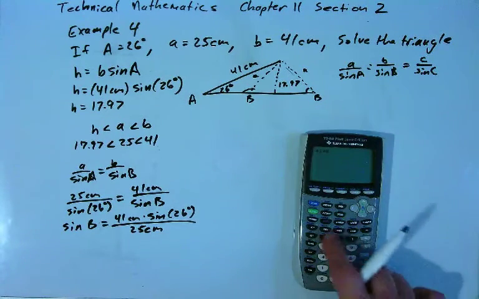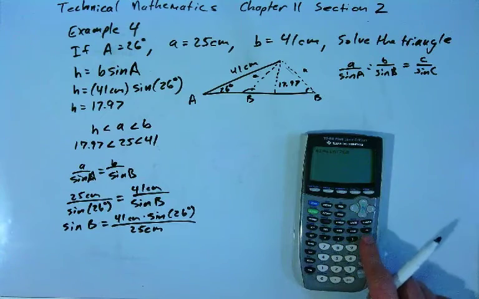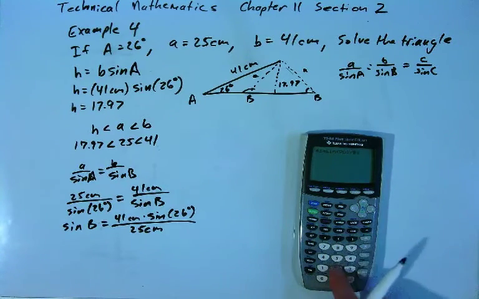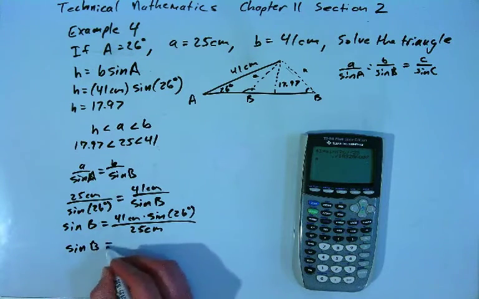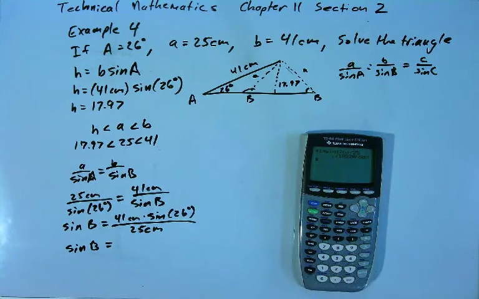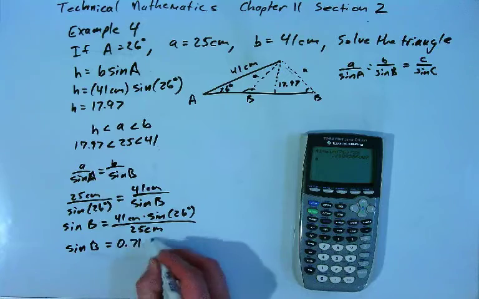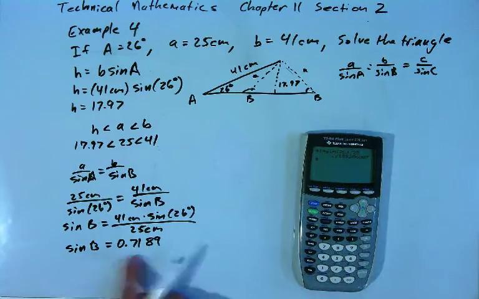So we'll use our calculator to work this out. We have 41 times the sine of 26, close parentheses, divided by 25. And we get that sine B is equal to 0.7189. And so now we can take the inverse sine of both sides.